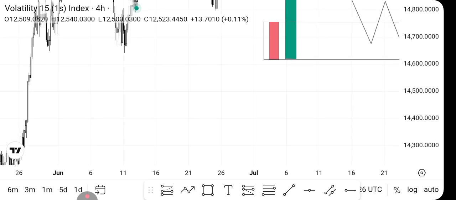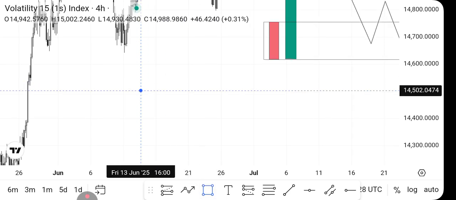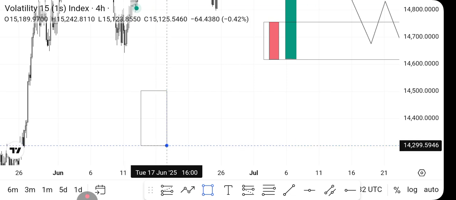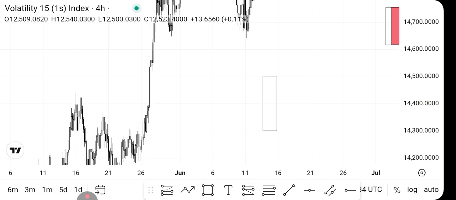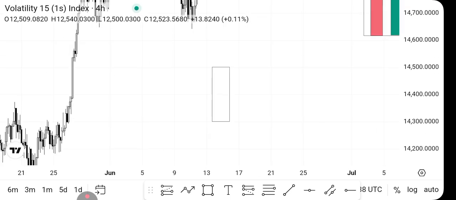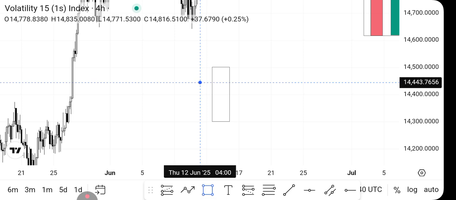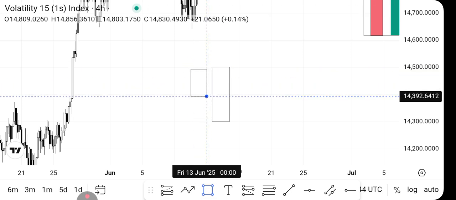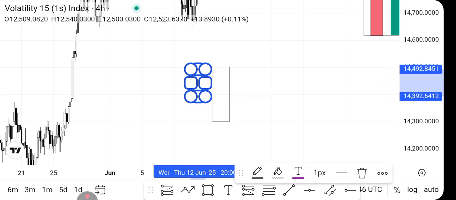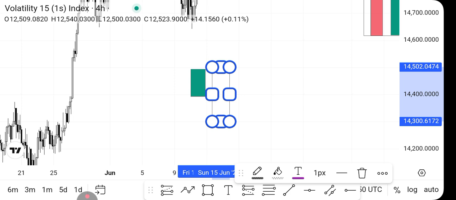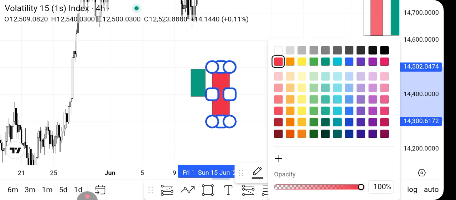The bearish order block is this. Bearish means you are selling, right? So you have a bearish engulfing. Basically, the red candle is engulfing the small bullish candle like that. So you extend this red.